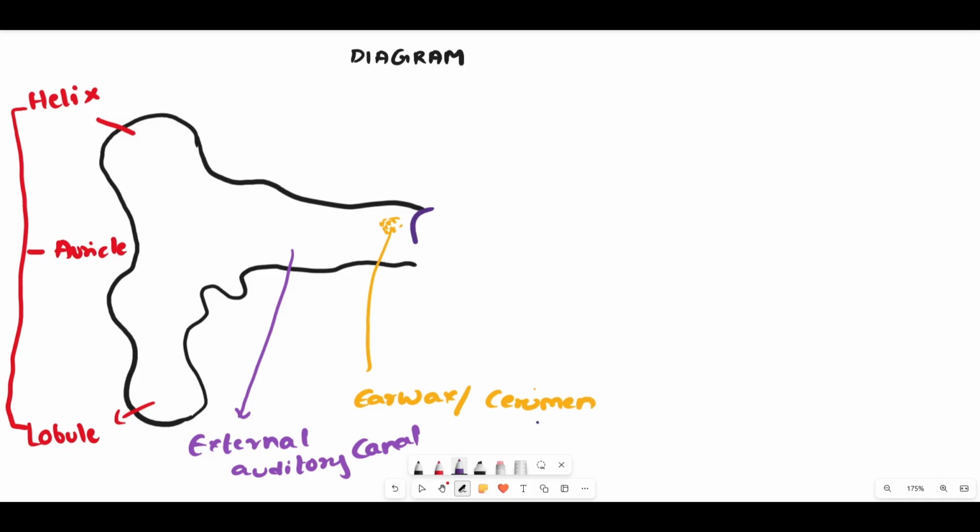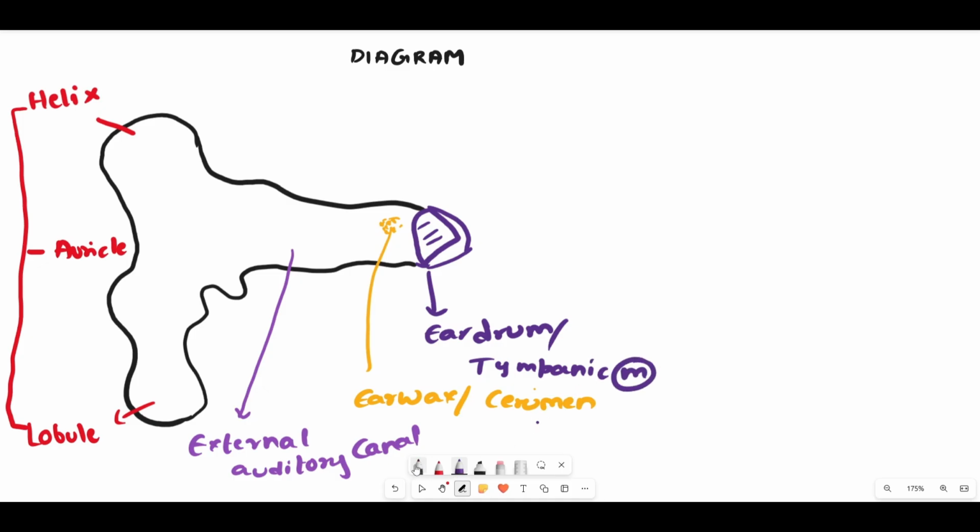And here there will be one important portion, which is called the eardrum. The eardrum is also called the tympanic membrane.